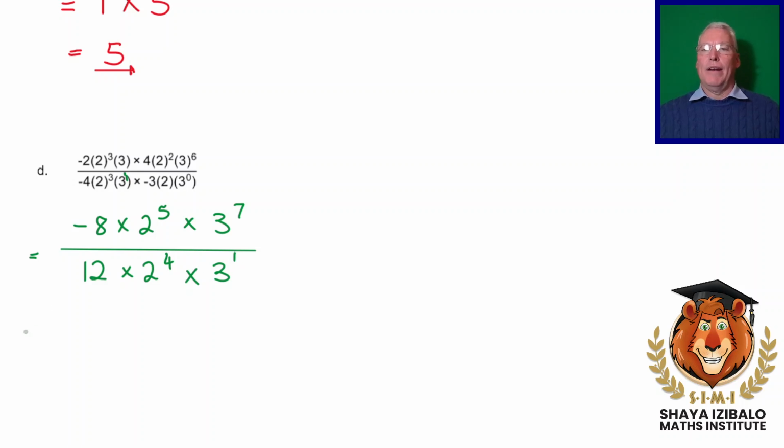Okay. And now we can simplify this. We can simplify this because we're going to divide the top and the bottom by 4. We're going to get negative 2 over 3. And then we've got our 2 to the power of 1 and a 3 to the power of 6.